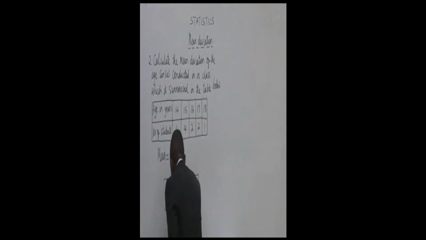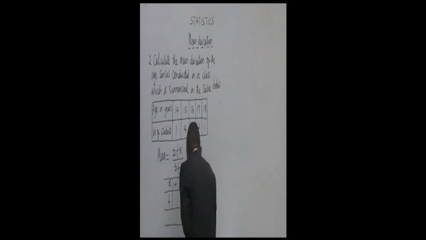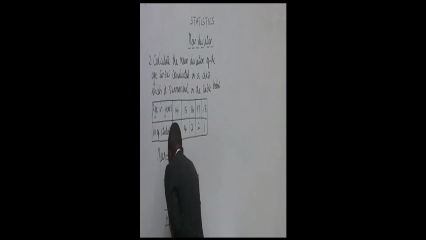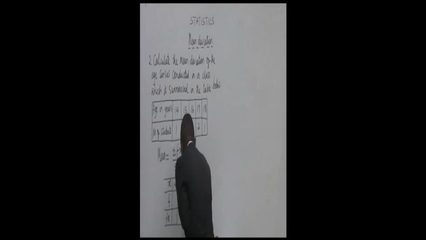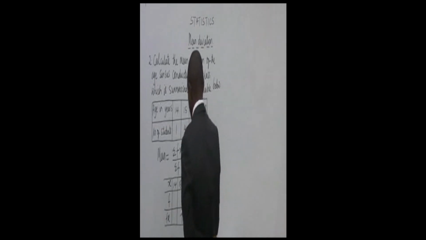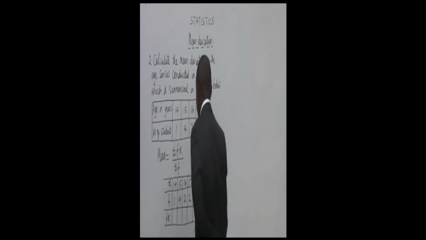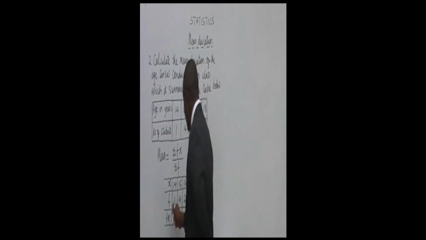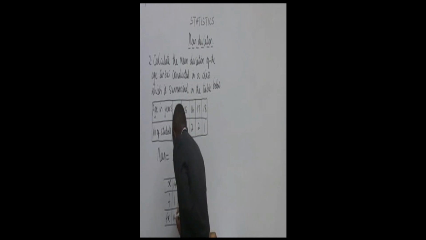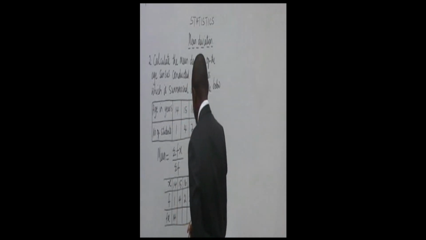Then the next thing we might put here, if the space will permit us, is fx, the product of the numbers and their frequencies. The frequency here is 1, here is 4, here is 2, here is 2, and here is 1. Now our fx is 14 times 1, which gives you 14.